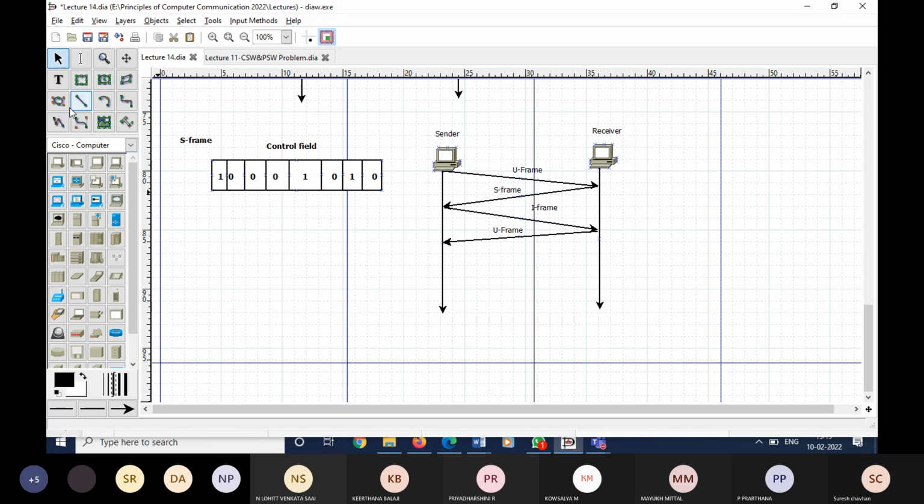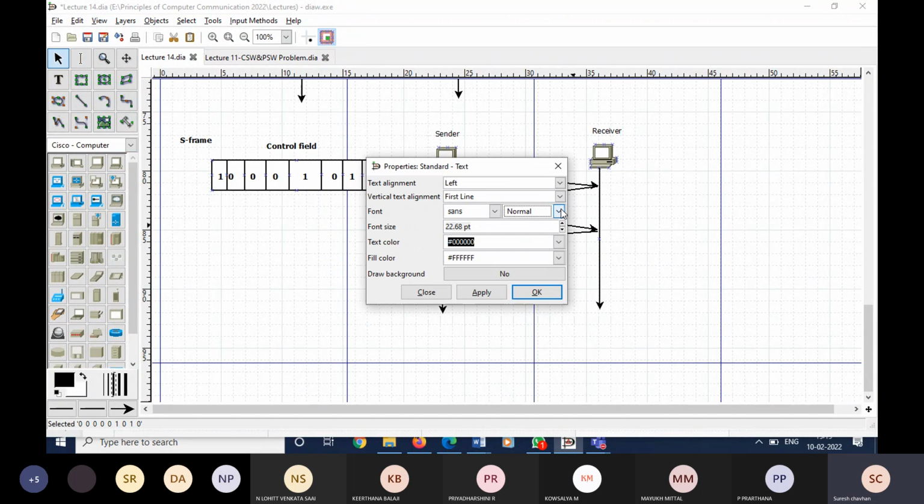I'm saying 0 0 0, right? 0 0 1 and 0 1 0. So this is the thing I have, right? The last one. Correct? According to this bit pattern, I'll make it bold.